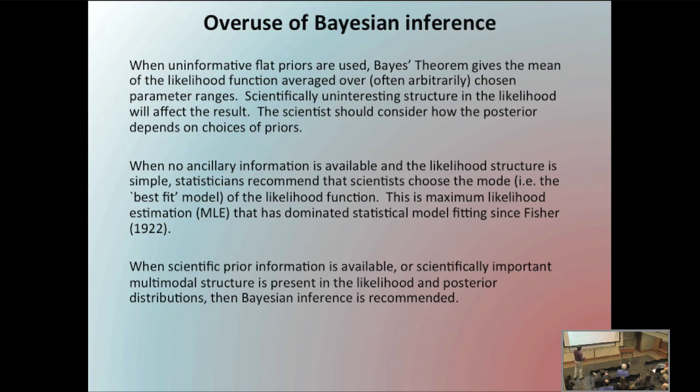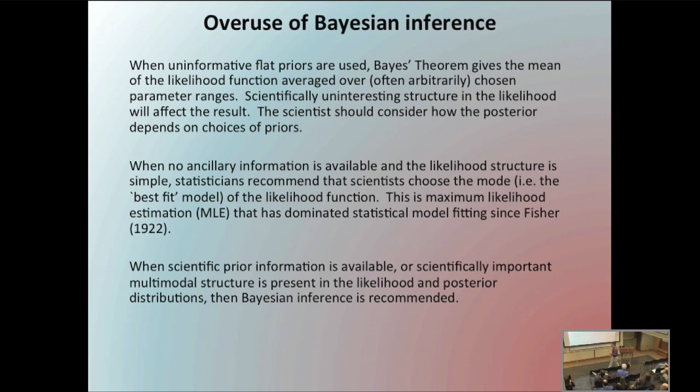So you just, as a scientist, you have to consider what you want. Okay? Do you want to average over structure in the likelihood, or do you not want to average over the structure using a flat prior? And if you have an interesting prior, or even various arbitrary choices of priors, you have to definitely discuss how your posteriors depend on your priors.